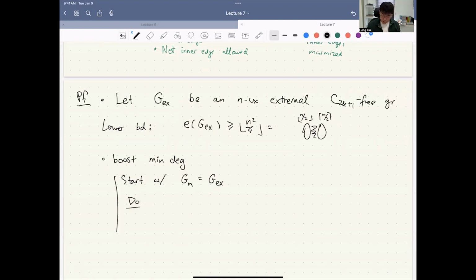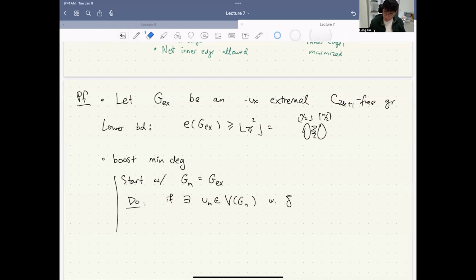Do the following: if there exists a vertex v_n in V of G_n with degree less than, let me make this capital N for now.